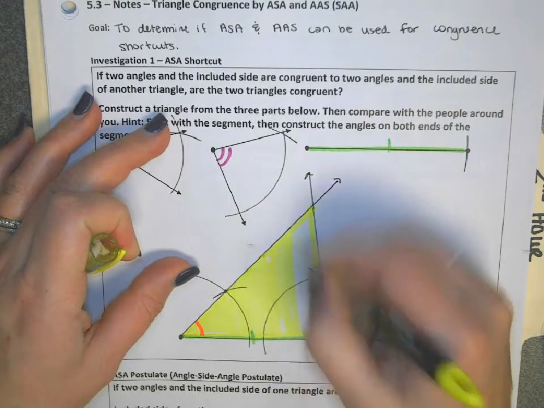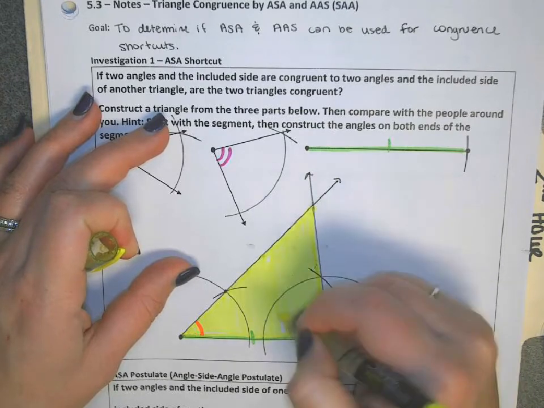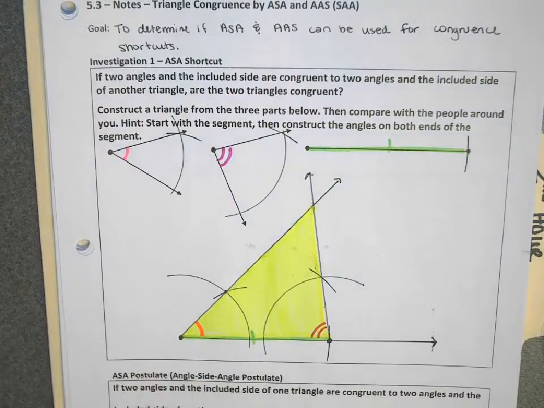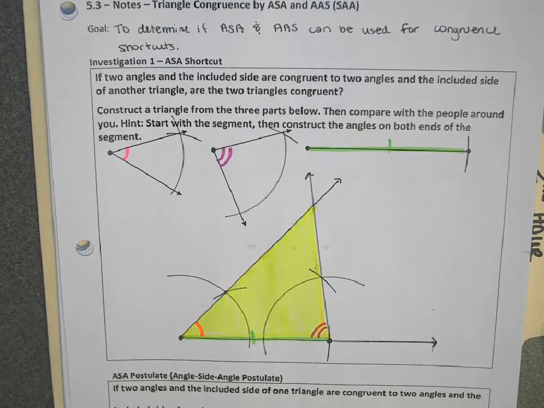If you look at your neighbors around you, you should notice that your triangle looks pretty darn close, if not identical. Pretty darn close because of human error when we construct, but they should look pretty identical to the people around you. If you did your constructions correctly, they should all look the same.